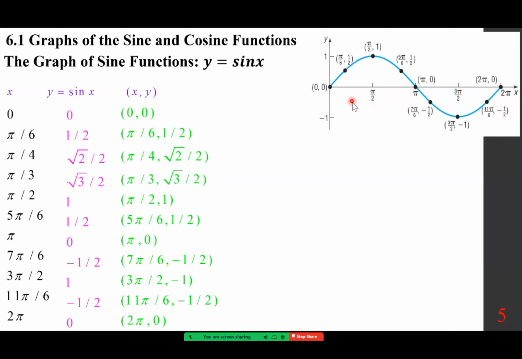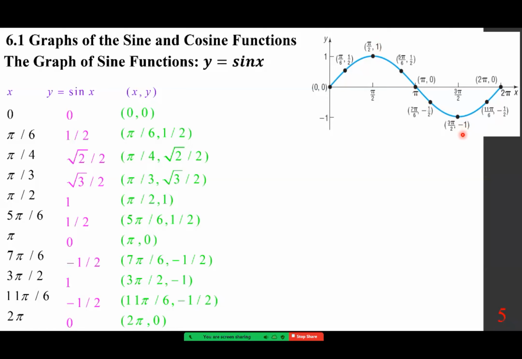Okay. And now pi over 6, 1/3 of the way between 0 and pi over 2, has the height of 1/2. Pi over 2 gives you 1. This is the maximum height. And by the way, this is the minimum height. So the maximum value, for the range, the y coordinate is 1, the minimum value is negative 1.